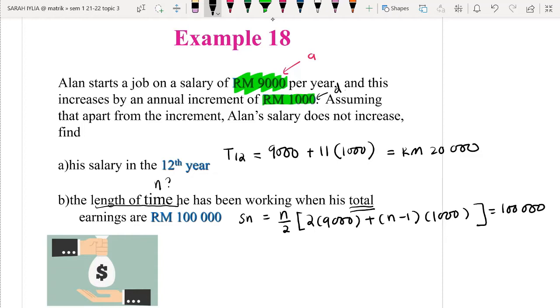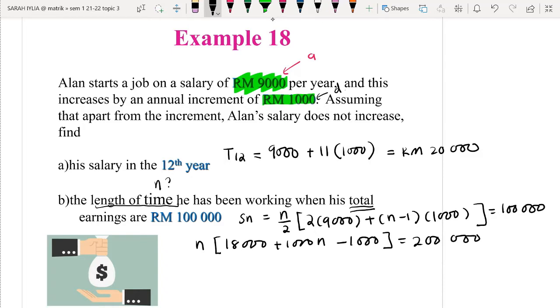From here we have to simplify. Okay, so saya pindahkan dua fraction tu, kita hilangkanlah dulu. Inside that we will have 18,000 plus 1,000 n minus 1,000 will be equal to 200,000.